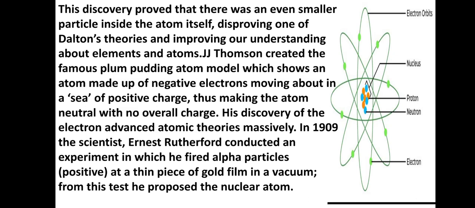In 1909, the scientist Ernest Rutherford conducted an experiment in which he fired alpha particles, positive rays, at a thin piece of gold film in a vacuum. From this test, he proposed the nuclear atom.